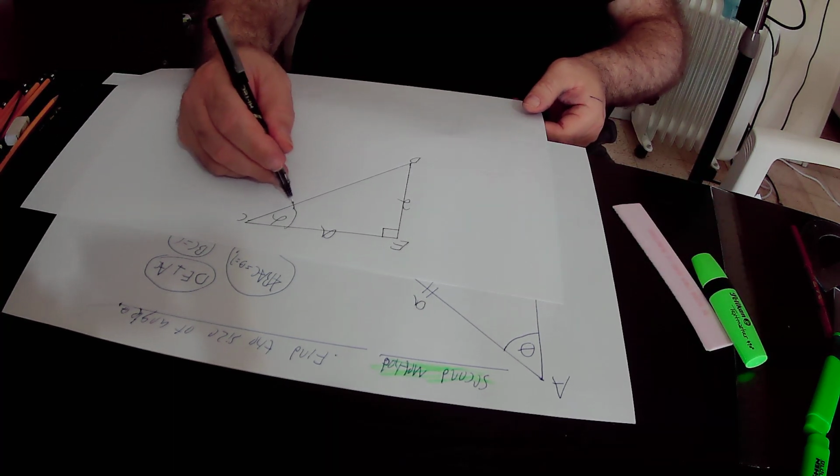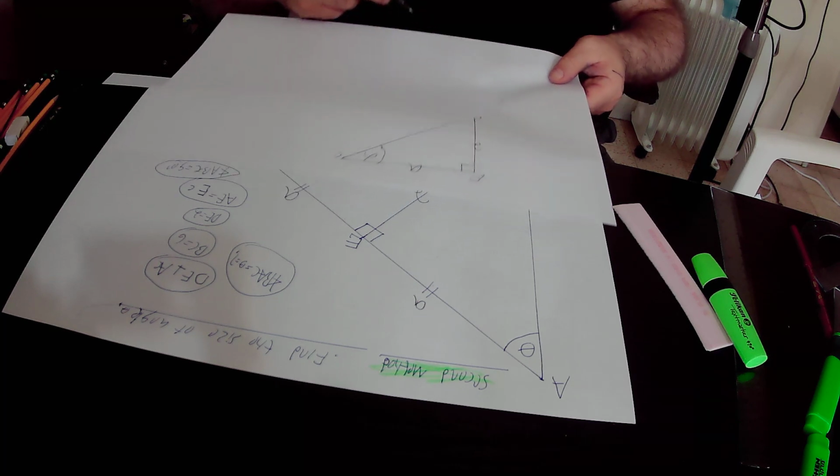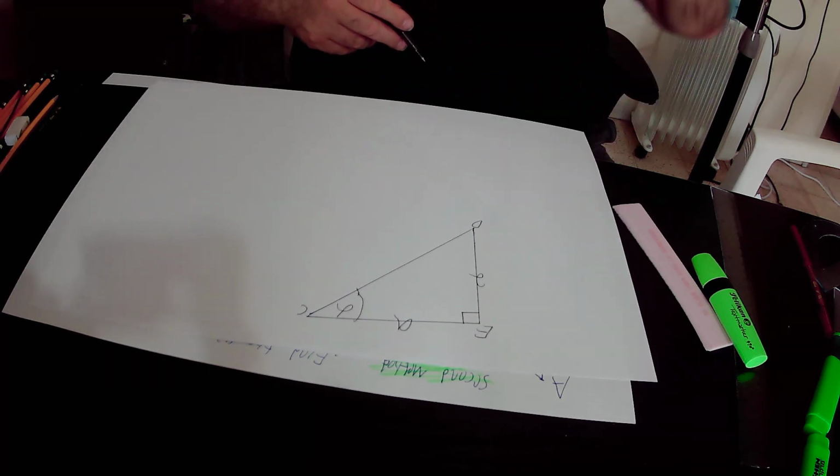So this is the right triangle EDC that I copied from the original drawing.